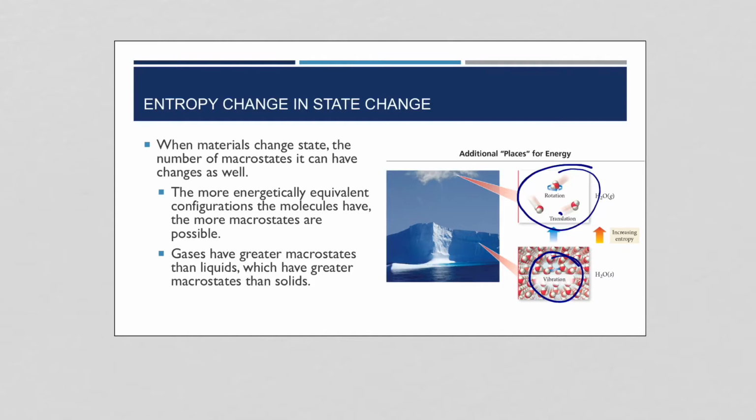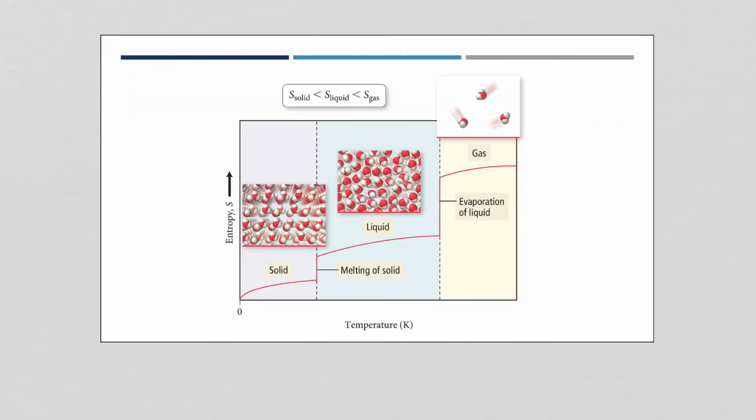During this solid to gas transition, we get increasing amounts of entropy. So we can rank the entropy of the phases: a gas will always be higher in entropy than a liquid, and a liquid will always be higher entropy than the solid form. Solids are the lowest entropy, gases are the highest entropy.